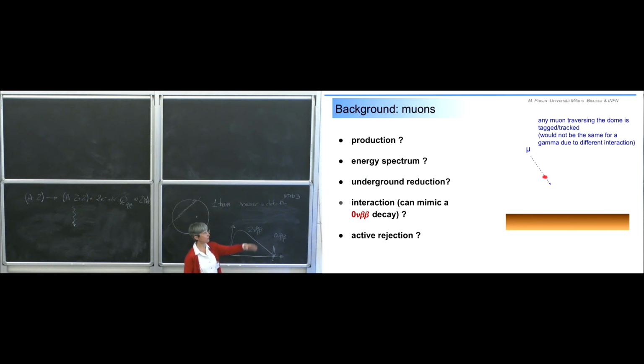So this is a very general description of a veto. Assume that I have a dome. My experiment is under the dome. All muons come from above, not from the Earth. You know, there are muons that come from downstairs in upward direction.